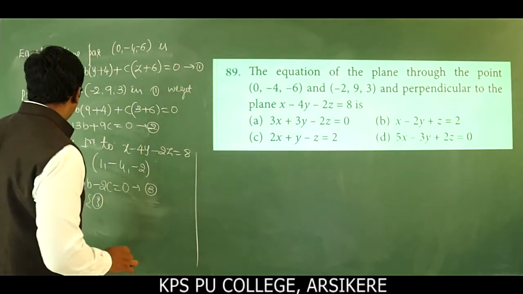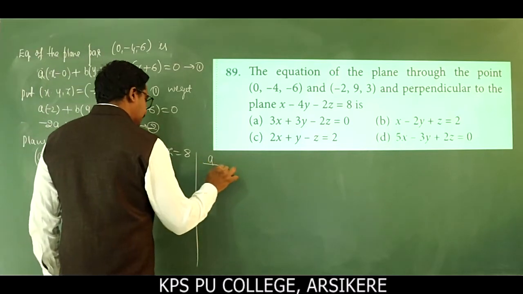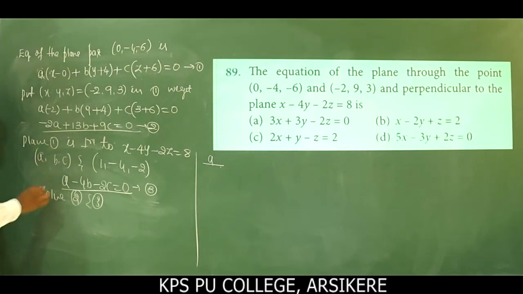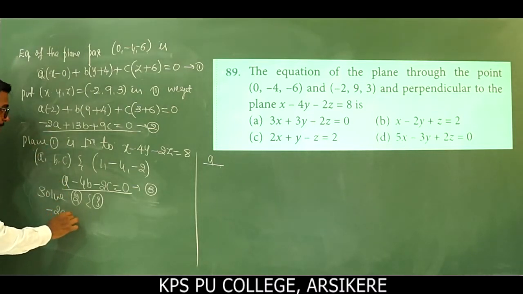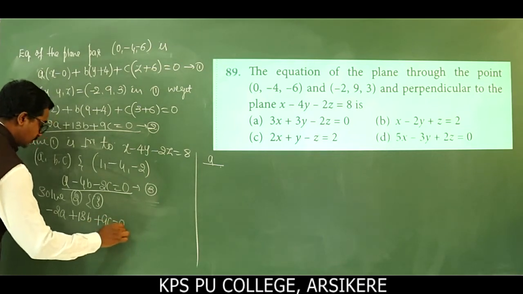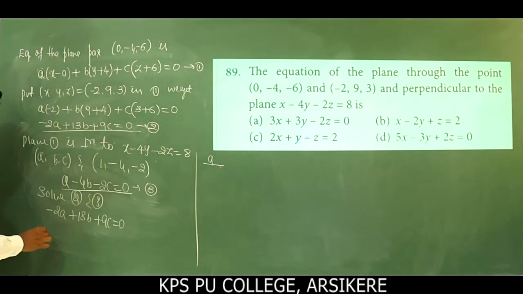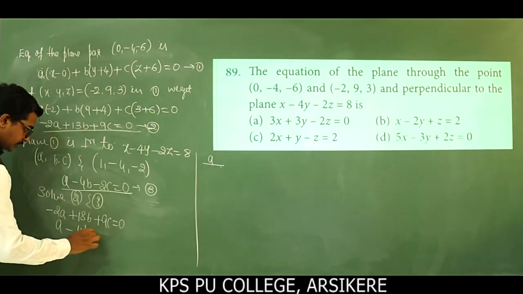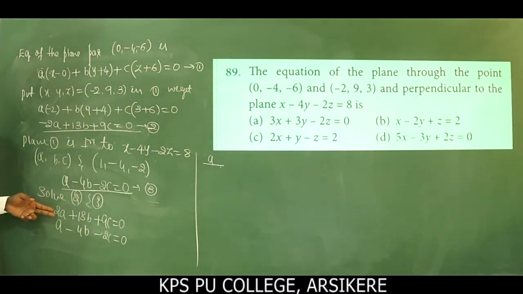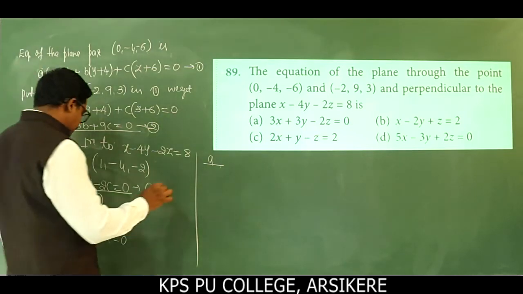Solving 2 and 3, a divided by, for the equations -2a plus 13b plus 9c is equal to 0 and a minus 4b minus 2c is equal to 0. While finding the value of a, neglect the a values, then take the cross multiplication of the remaining ones. 13 into -2 gives -26.